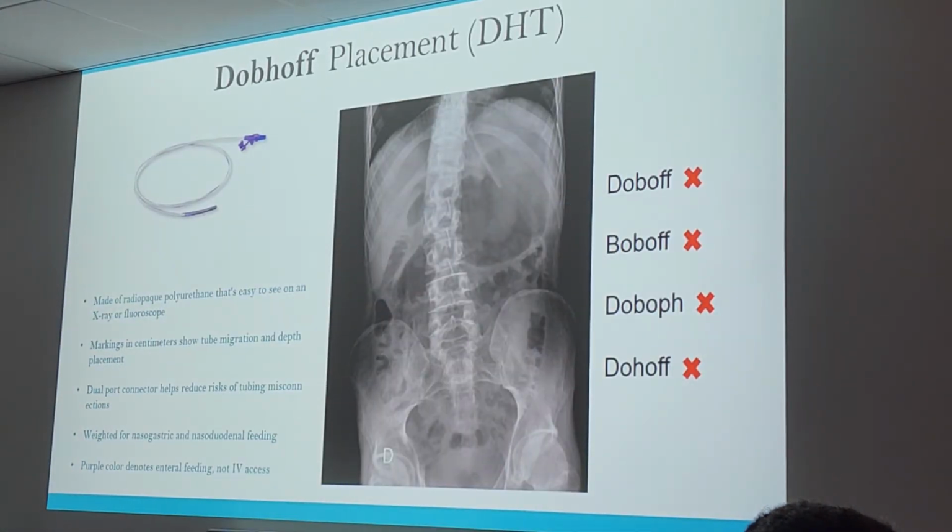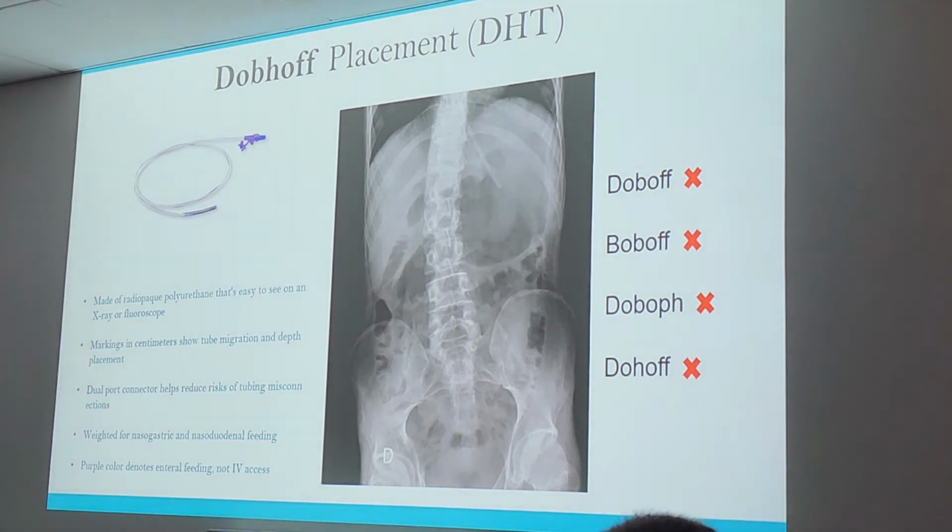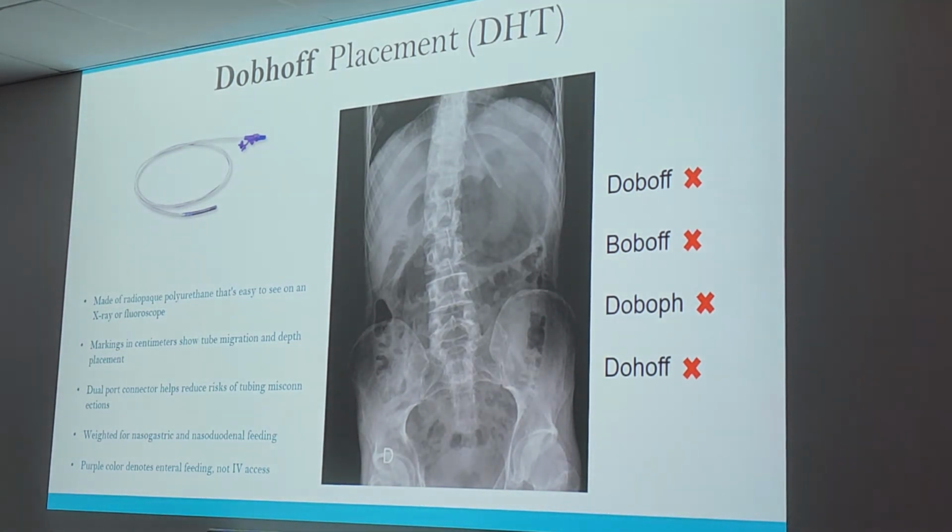So, a Dobhoff tube can be abbreviated as a DHT. It's a type of nasogastric tube, but it's strictly only used for feeding. So a Dobhoff tube is a type of what? Nasogastric tube used specifically for feeding, yes.